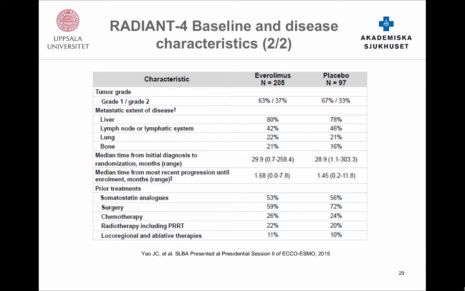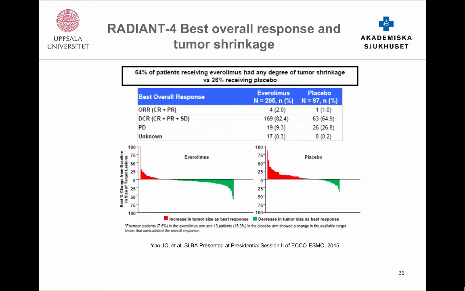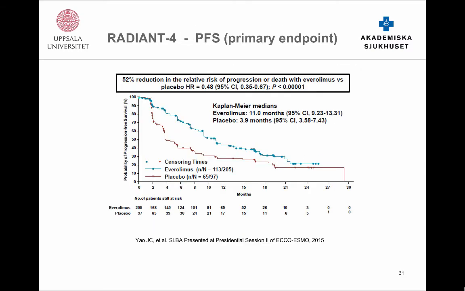And this is further underlined if you look at other things when you look at the study. And here you have again a waterfall plot, and what you see here is again that you have with the active compound, Afinitor, significantly more tumor shrinkage compared to the placebo group. So this was very promising.